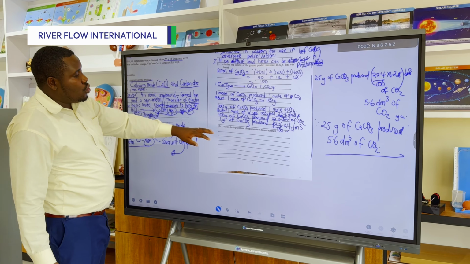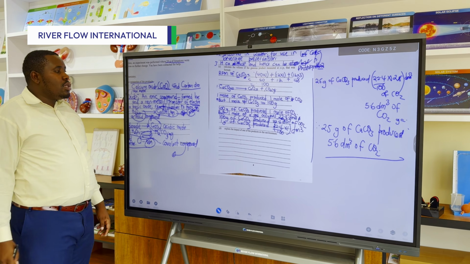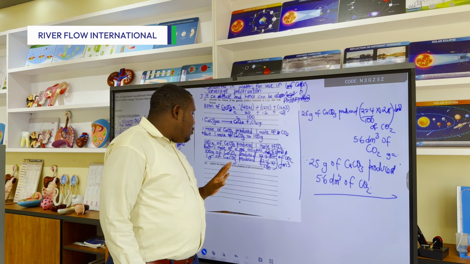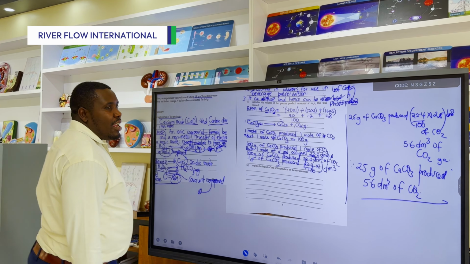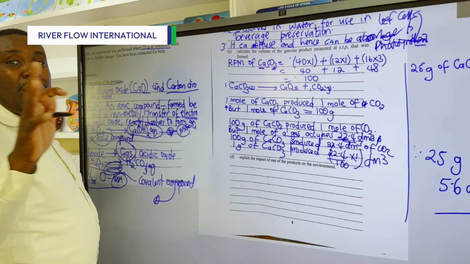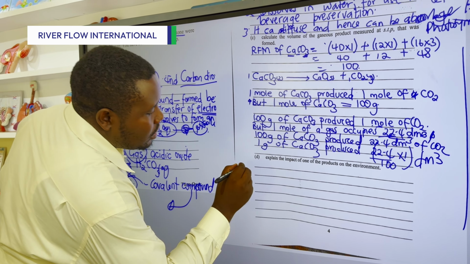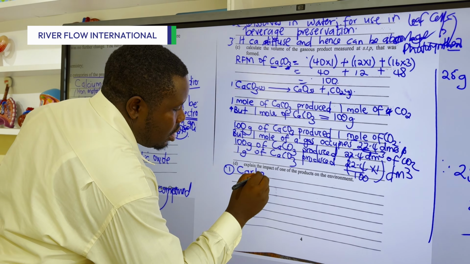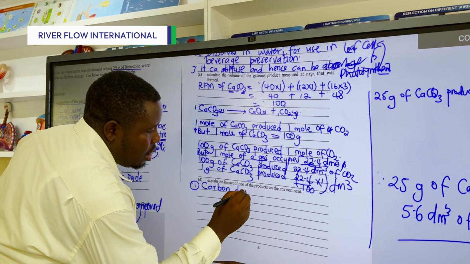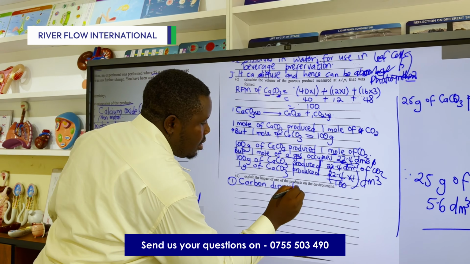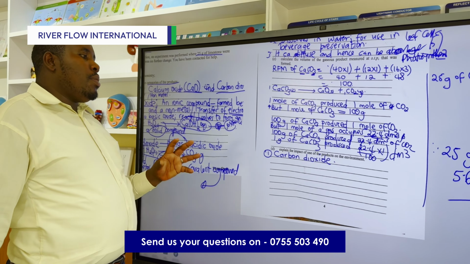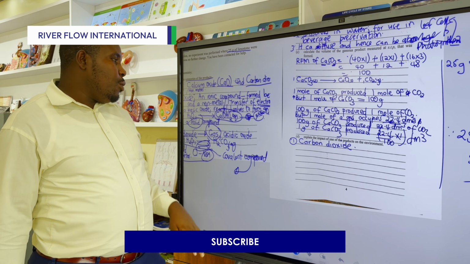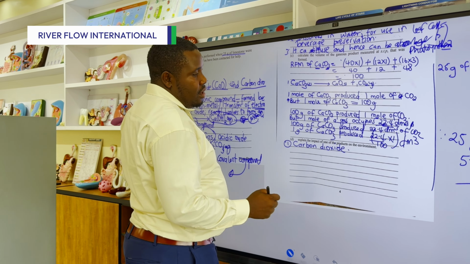Now we want to look lastly at part D, and we are saying explain the impact of one of the products on the environment. We are going to talk about both of them. I'm going to start with carbon dioxide. When we say the impact, it can either be negative or positive, but let me start with the negative.